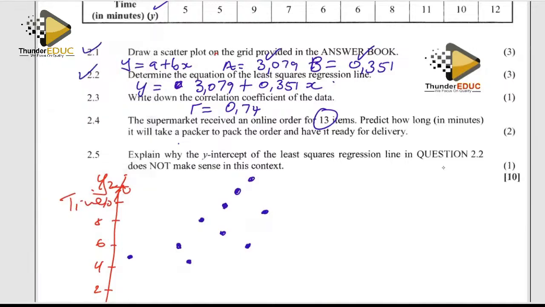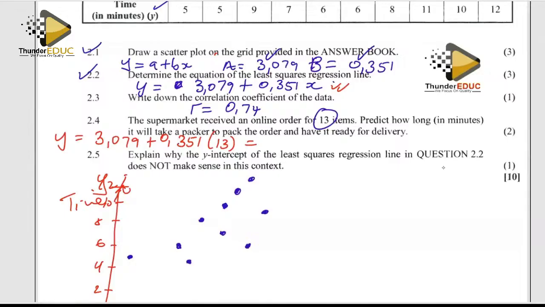Can we predict how long in minutes? So we have to use this regression equation of ours, meaning that is 3,079 plus 0,351 multiplied by 13.